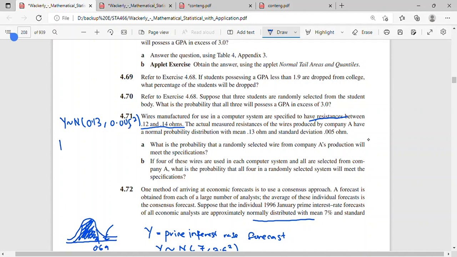So kat sini untuk soalan A, kita cari probability of Y is between 0.12 and 0.14.